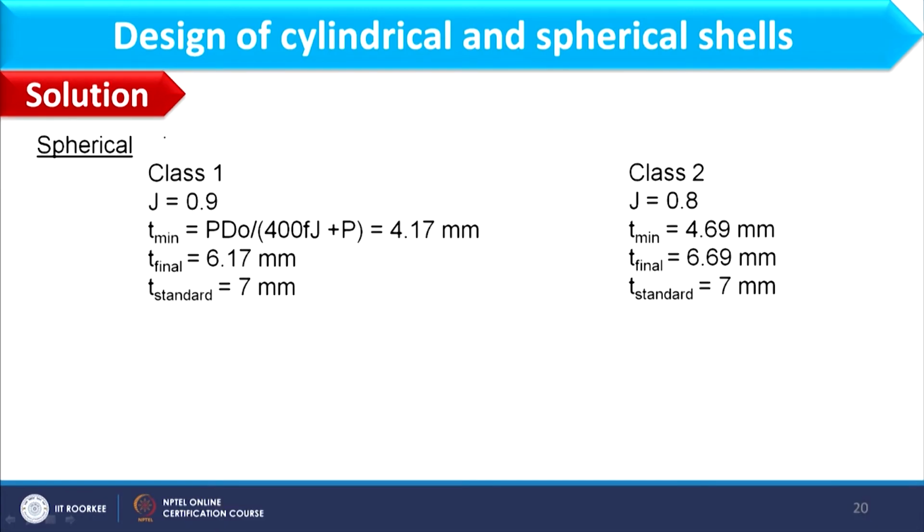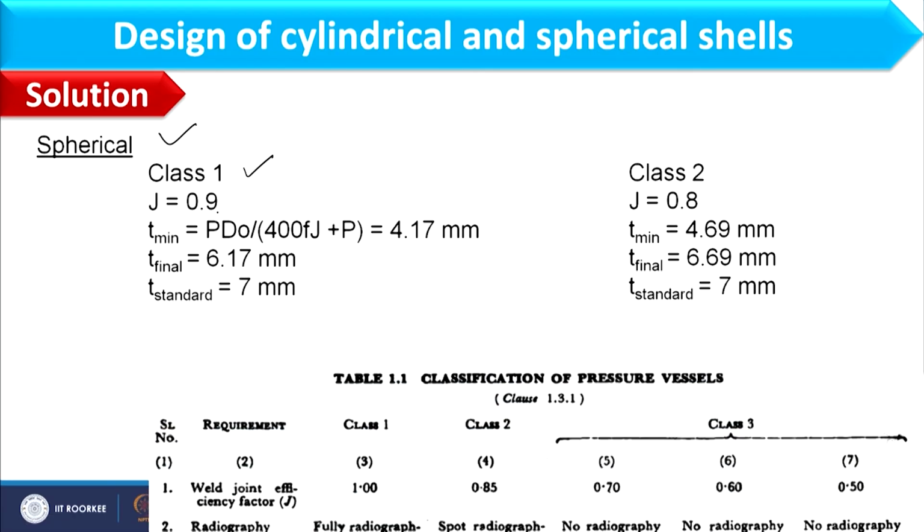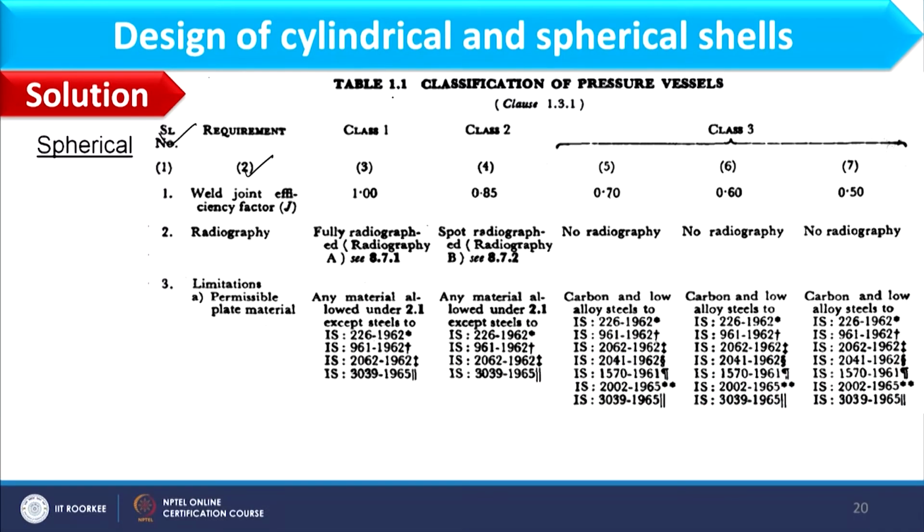Now, here we are designing a spherical vessel where for class 1 we have to extract the value of J from table 1.1 from the code. Here I have table 1.1 where joint efficiency factors are already mentioned, but we need to find the one corresponding to a single welded butt joint with backing strip.